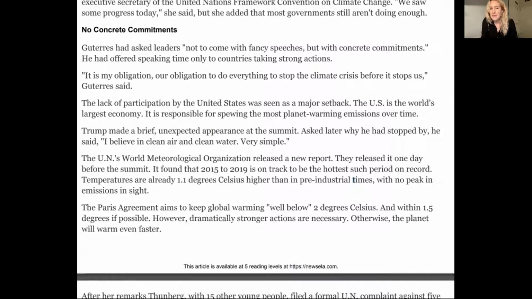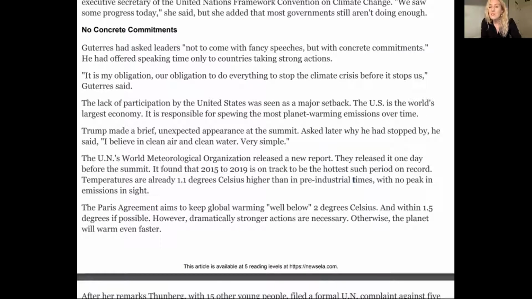No concrete commitments. Guterres had asked leaders not to come with fancy speeches, but with concrete commitments. He had offered speaking time only to countries taking strong actions. "It is my obligation, our obligation, to do everything to stop the climate crisis before it stops us," Guterres said.